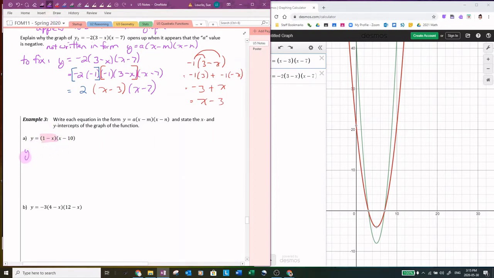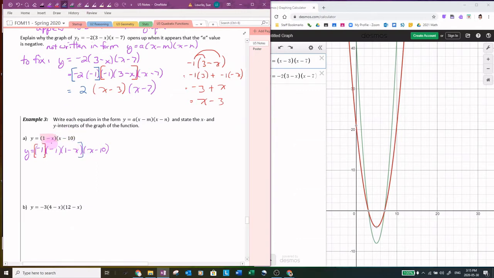So this is going to be y = -1 times -1 times (1 - x)(x - 10). And remember, I haven't changed this equation's value, I've just changed what it looks like, because -1 times -1 is just 1.